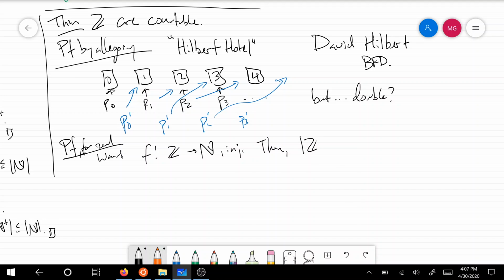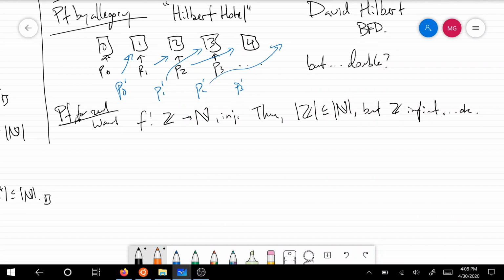Then the cardinality of the integers will be less than or equal to the cardinality of the naturals. But the integers are infinite. Okay, so we need to just come up with this injective function.